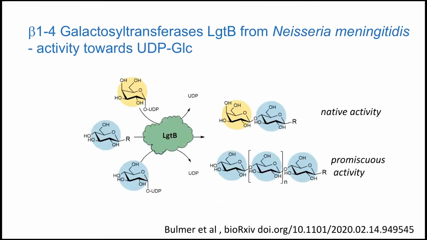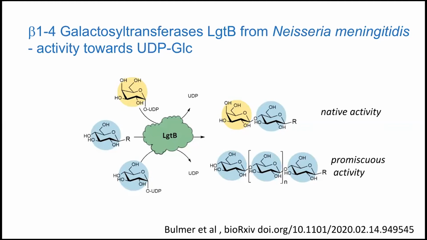Another class of enzymes which are extremely useful in making oligosaccharides and have been widely used are these beta-1,4 galactosyltransferases. So these would make LacNAc and lactose and so forth. And again, we've looked at some of these bacterial enzymes, for example, this LgtB enzyme, which normally takes UDP galactose, in yellow, and adds it onto glucose as an acceptor substrate to make these lactose and LacNAc derivatives.